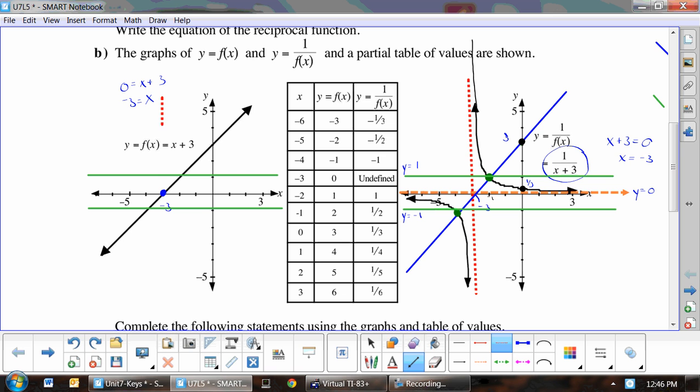You want to map out your asymptotes and map out your invariant points. So we say, okay, we know at our asymptote, our reciprocal graph will never touch that. And we know at our points at 1 and negative 1, our graph will touch those points.